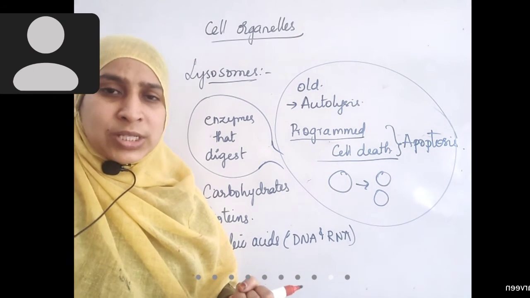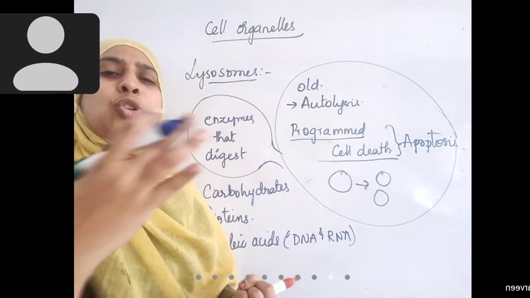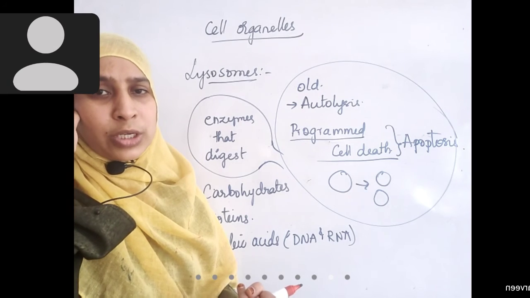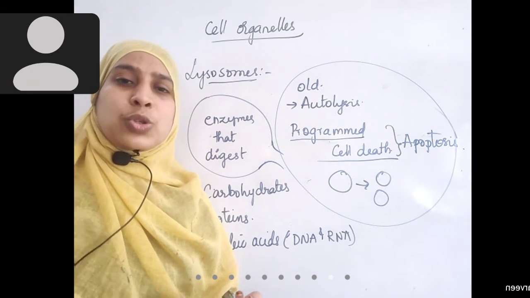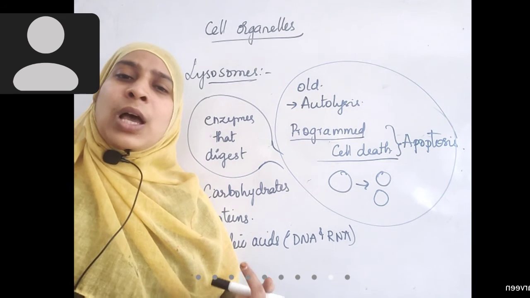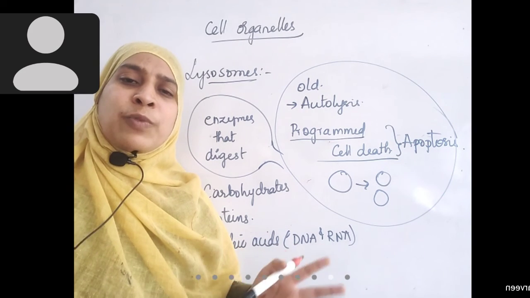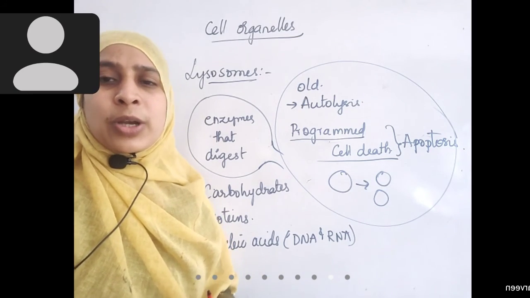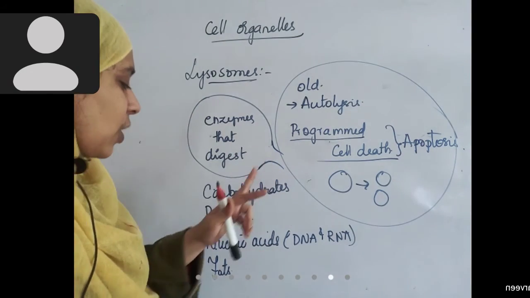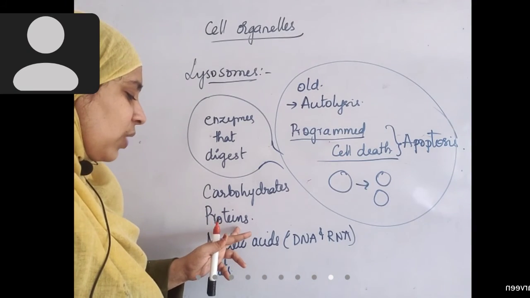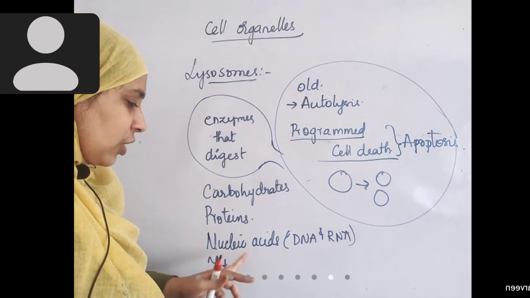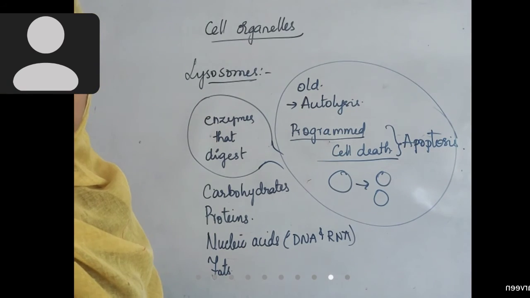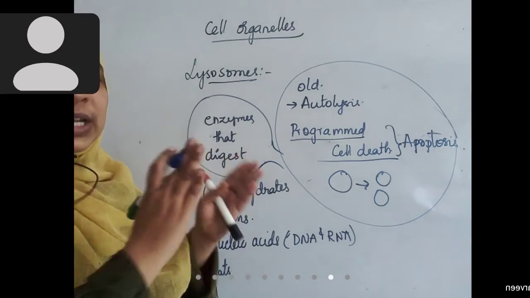Other organelles we'll study now, few more organelles, all those organelles except ribosomes are having an envelope around them. Ribosomes and centrioles don't have any envelope around them. All other organelles have an envelope made up of phospholipid bilayer, proteins and certain carbohydrates. So once these contents are released outside, carbohydrate side chains will digest, proteins will digest, nucleic acids present in the center of the cell will digest, fat molecules will digest. It leads to the death of the entire cell.